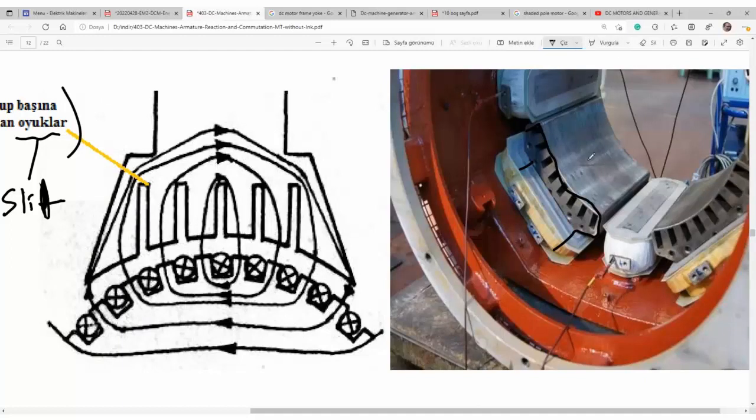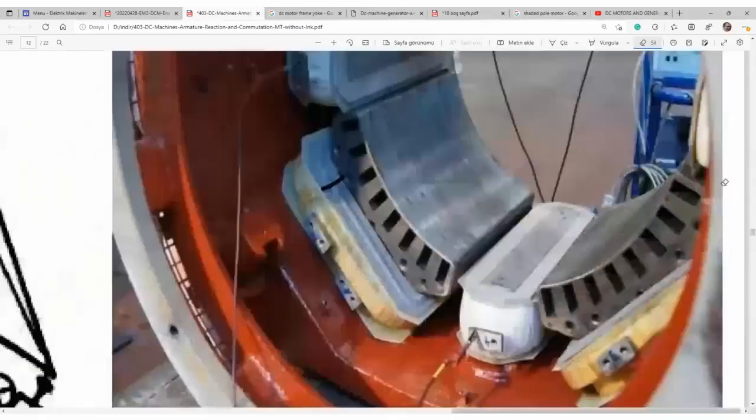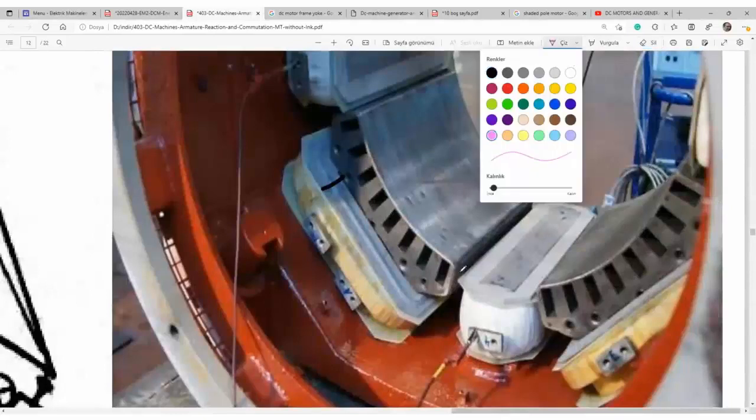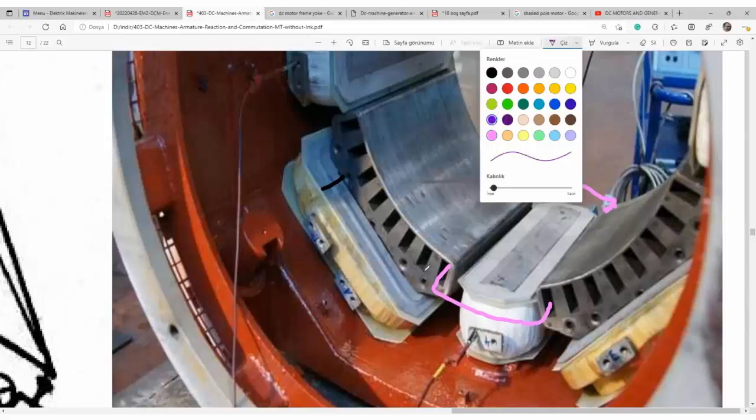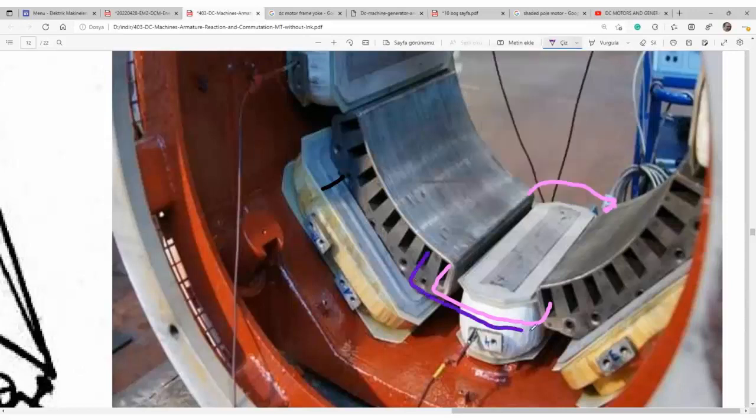Let me install compensation winding here, for example. Compensation. Let's install compensation winding here. From here to here. And then from here to here.